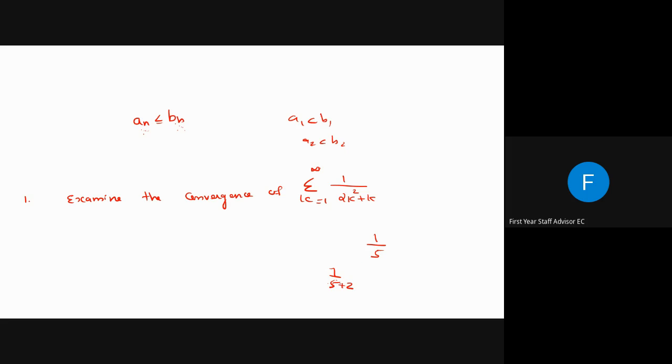When the denominator increases, what will happen? Do the values increase or decrease? Is a one-fifth share bigger, or a one-seventh share?